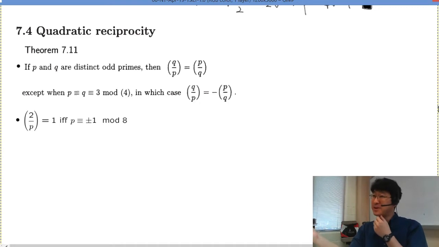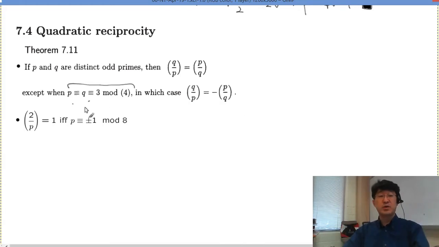It's quadratic modulo P. That's right. It could be 1 or negative 1. But here, the only exception is that if both P and Q are 3 mod 4, then they have the opposite relation. If Q is a quadratic residue mod P, P is not a quadratic residue mod Q, and vice versa.